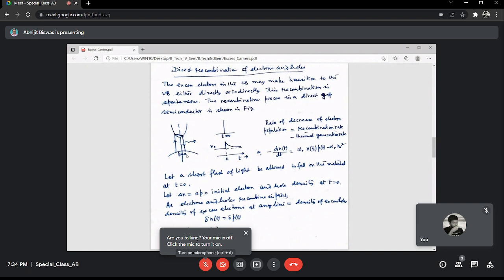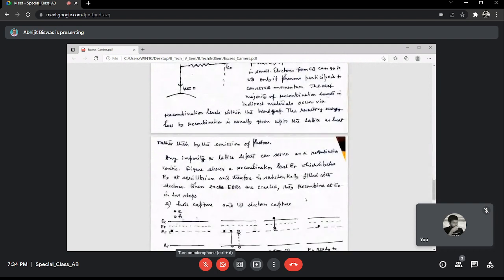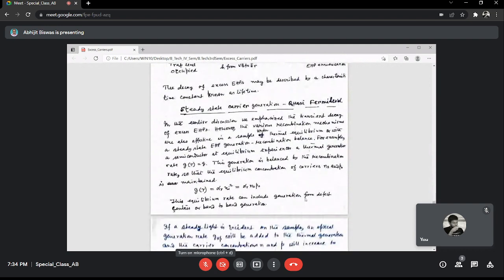Therefore, whenever an electron in the conduction band makes a transition to the vacant valence band, it requires no change in momentum, only a change in the energy, and the excess energy is released with the emission of photons. This is how recombination of an EHP pair takes place. There is some mathematics as well, so you can go through it.